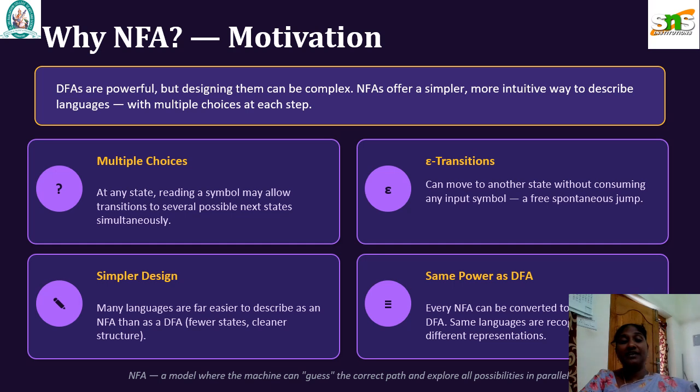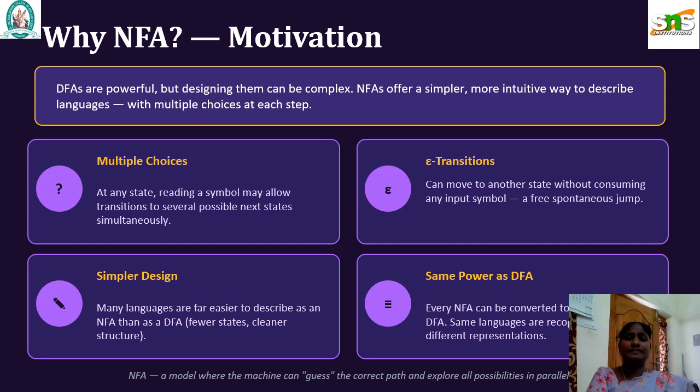How NFA differs: DFAs are powerful, but designing them can be complex compared to NFAs, because NFAs offer a simpler and more intuitive way to describe languages with multiple choices at each step. The main advantages of NFA are multiple choices.